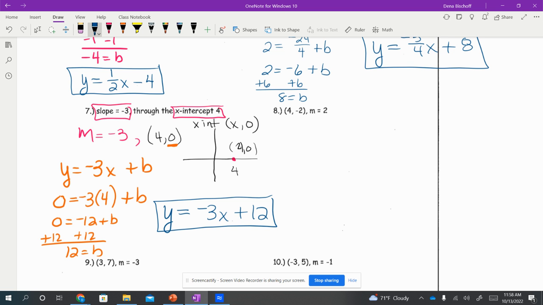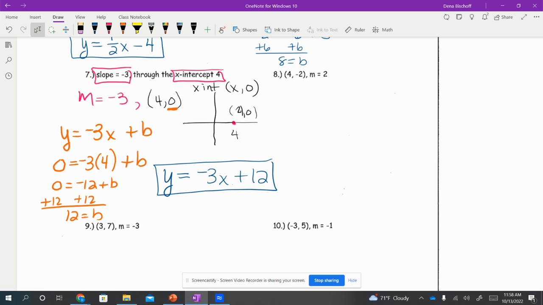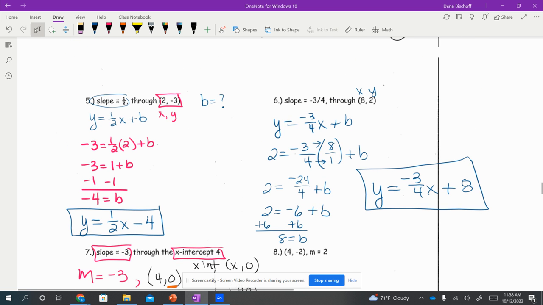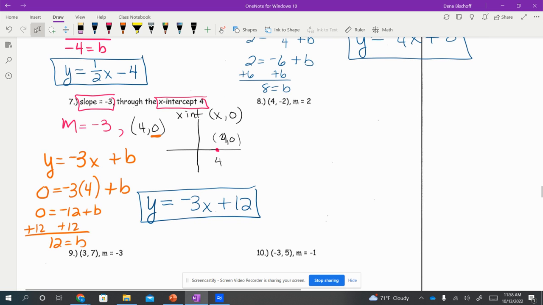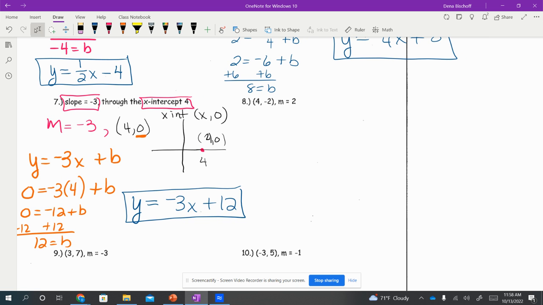All right, examples 8, 9, and 10 are the same thing that we did for examples 4, 5, and 6. So I'm going to break you guys up into groups. Antoine, Bree, Daniel, Gavin, Dakota, you guys are doing question number 8.